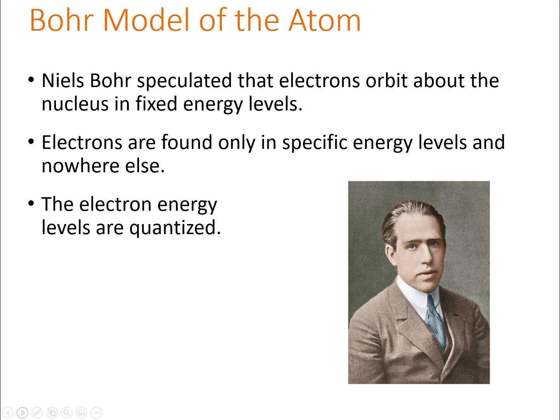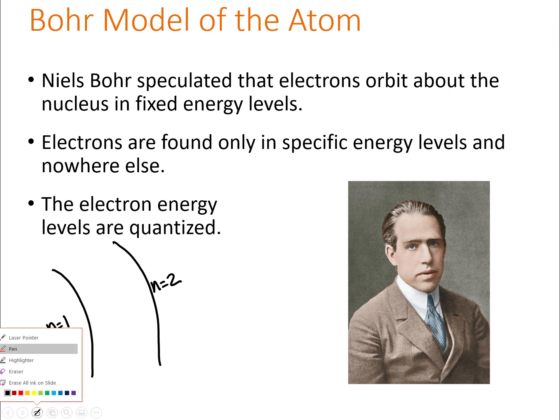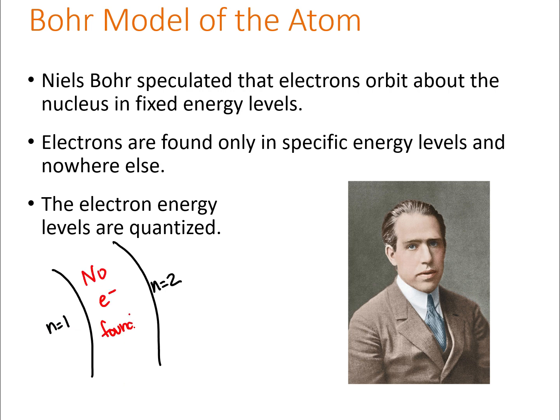energy levels are quantized. So if I have an energy level here, and that black band is my energy level, and then I have another black band here for n equals 2, in between, I'm not going to have any electrons here. That space is kind of no man's land.